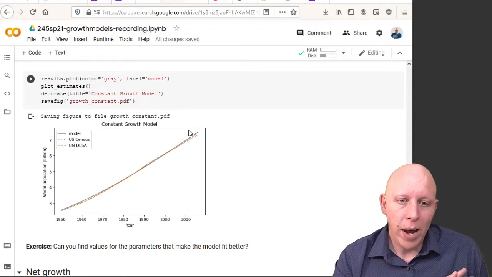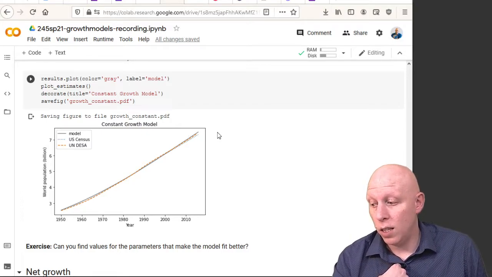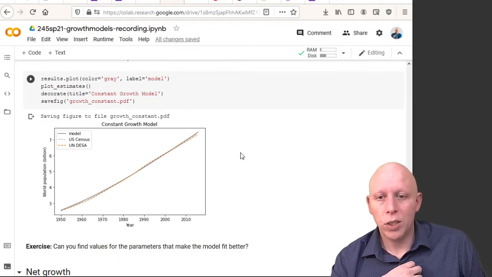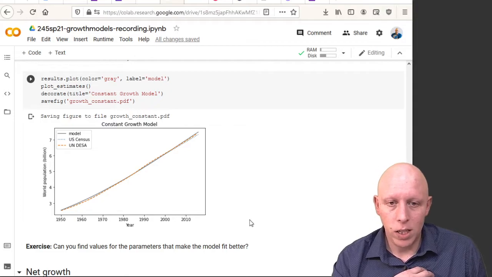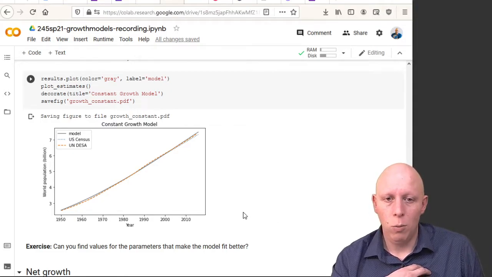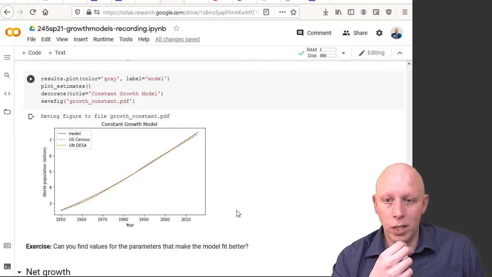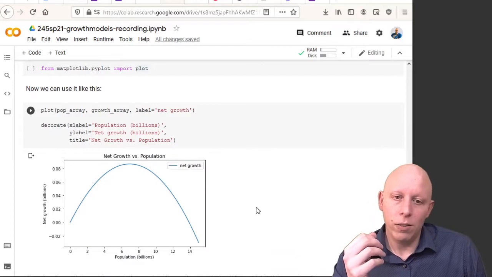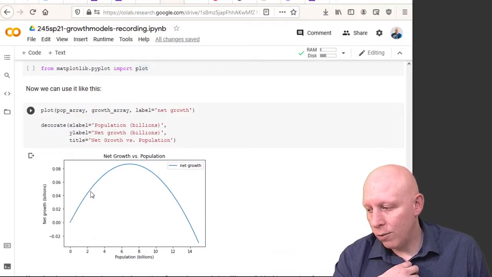Back when we were talking about the theory behind these models, we had a second picture, and instead of what the population was over time, it was the growth rate of the population over time, or the net growth of the population over time. And so for the quadratic growth, it looked like this.